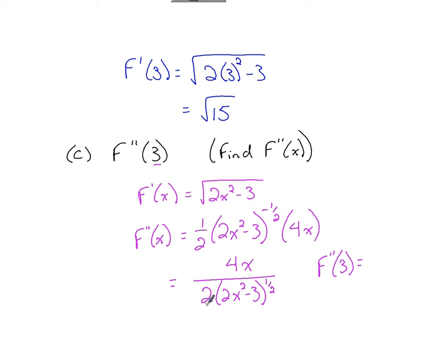Could reduce with that 2, so we could say 6 on top. Now this should look familiar, right? Because this is the square root of 2x squared minus 3, which is the same thing we did up here, and we got the square root of 15. If we don't simplify any further, and I'm okay if you don't simplify any further, we now know what our answer is for f double prime of 3.